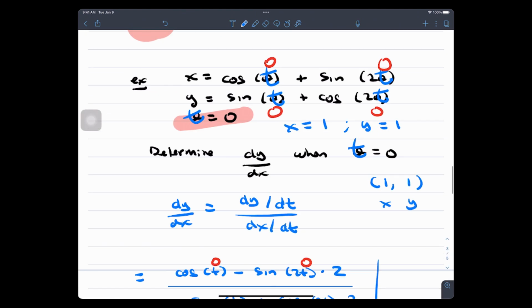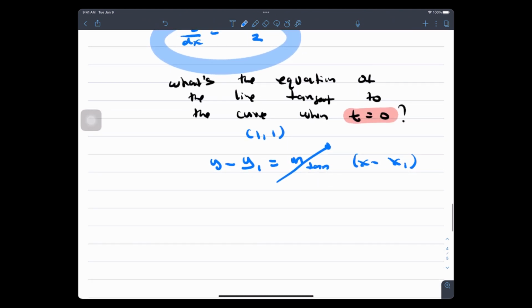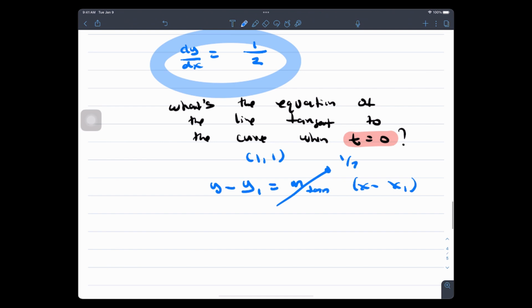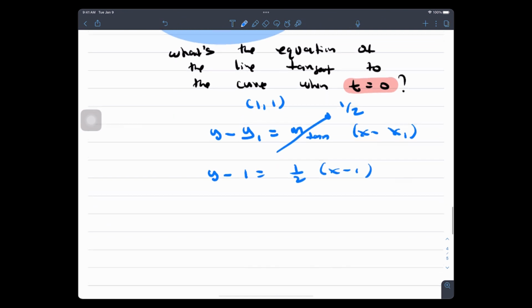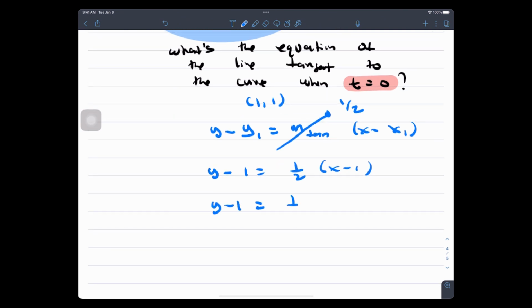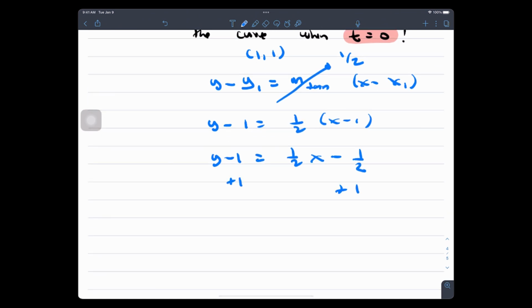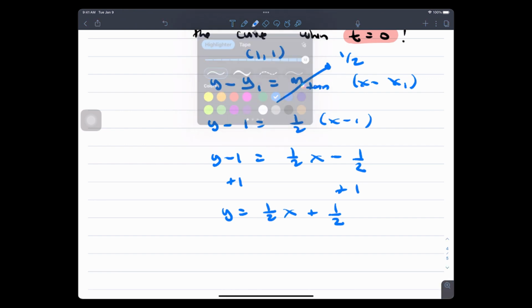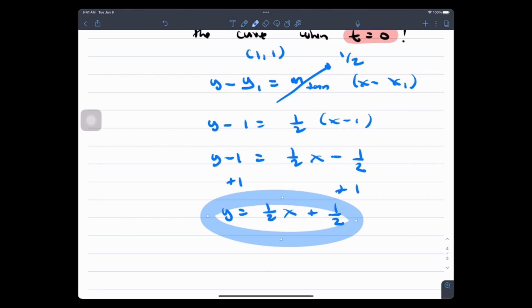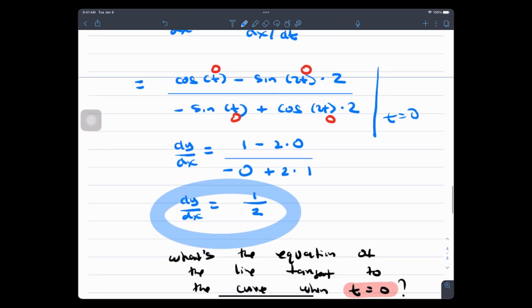So x is 1. Y is 1. M tangent is 1/2, so y minus 1 equals 1/2 times x minus 1. So, ladies and gentlemen, now add 1. What does y give you? What's 1 minus 1/2? Isn't that 1/2? That's the tangent line.